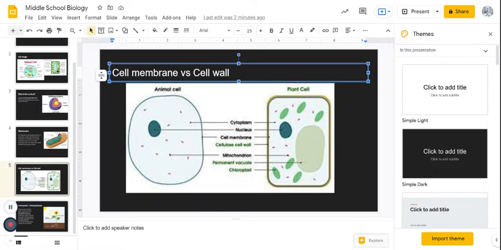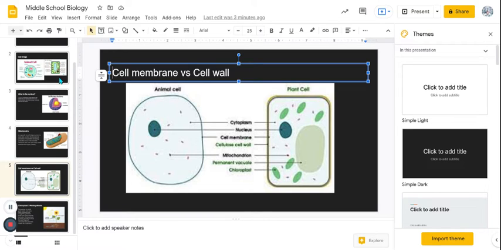It has a more fixed structure, as you can see. If you compare this and that, you can see that this has a fixed structure, while the animal cell is more like a circle-like structure, but not exactly a perfect circle. It doesn't have a rigid wall. Cell membrane is not rigid compared to cell wall.